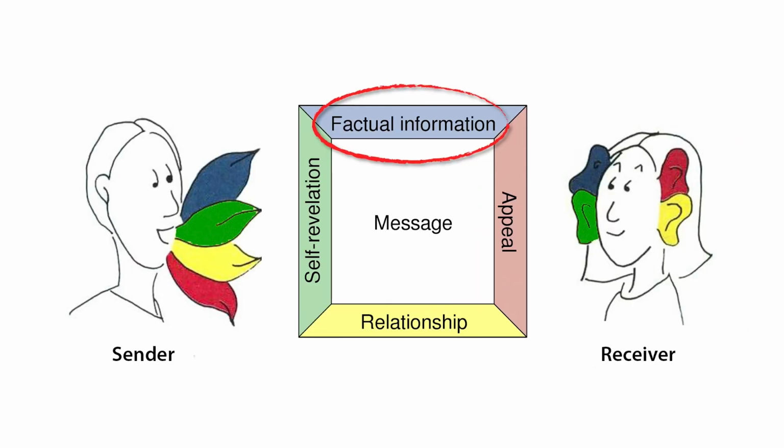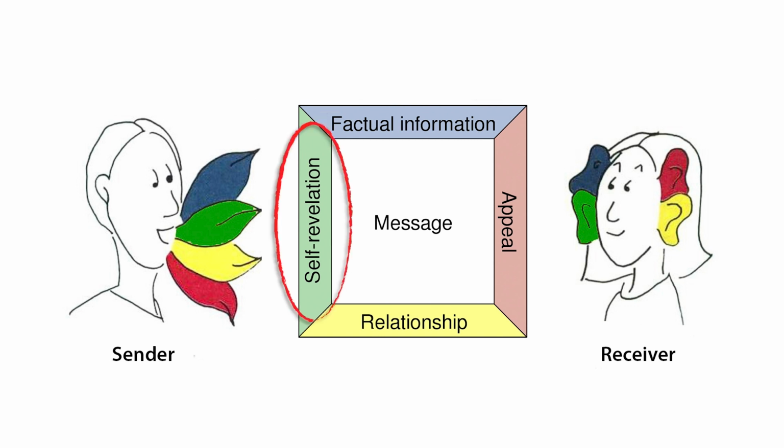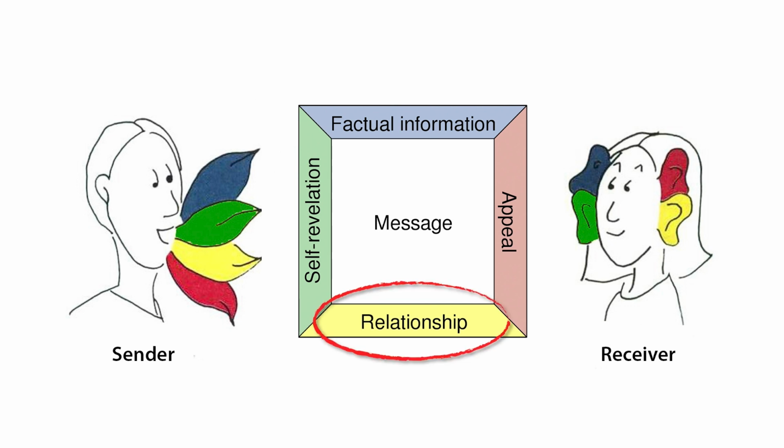So factual content is a statement to share data and facts. With the self-revelation, the sender reveals information about himself. The receiver of the message makes an assessment of his counterpart based on this information. The next one is the relationship level.